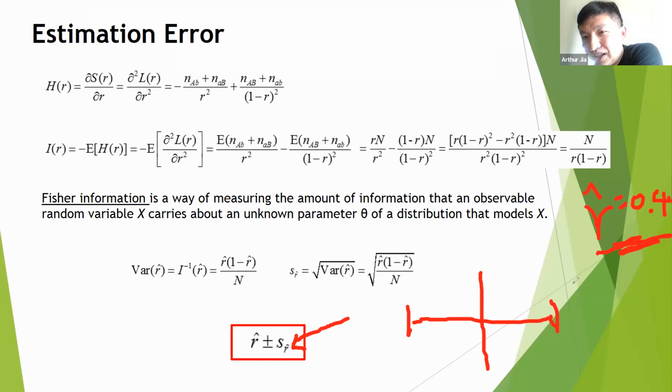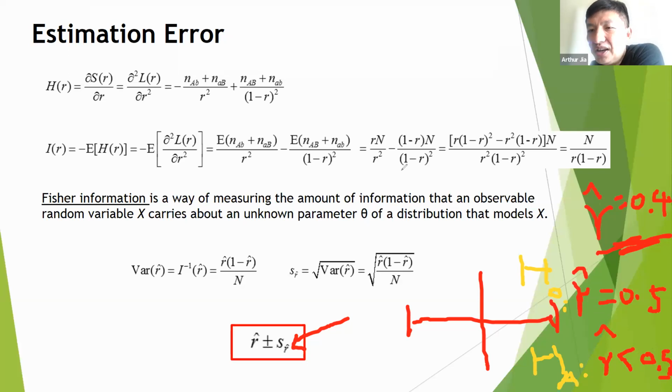You can test R equals 0.5 as our null hypothesis. Our alternative hypothesis is that this R is significantly less than 0.5, which indicates a linkage between A and B. Does that make sense?